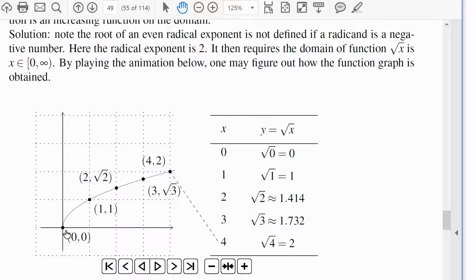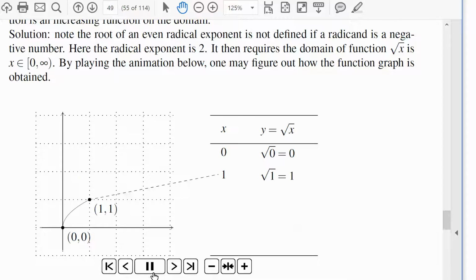And then you can connect all the points with a smooth line. Then you will get the graph of this function, y equals radical x. So you may play the animation in this way and see how it goes.